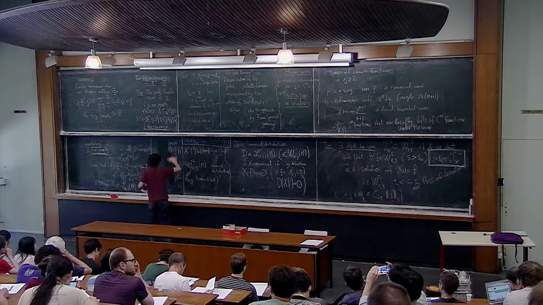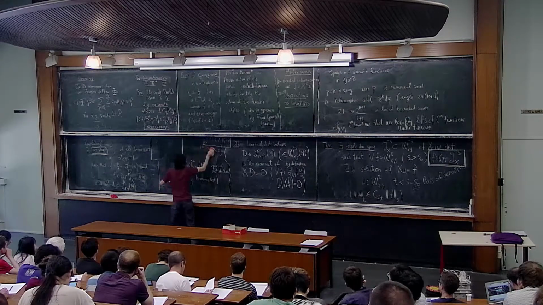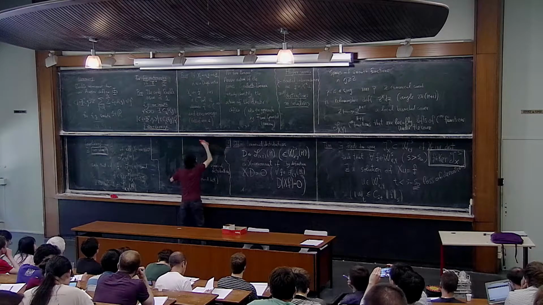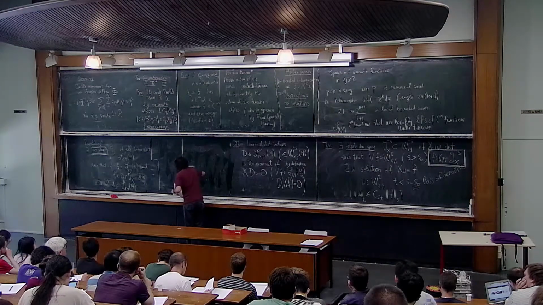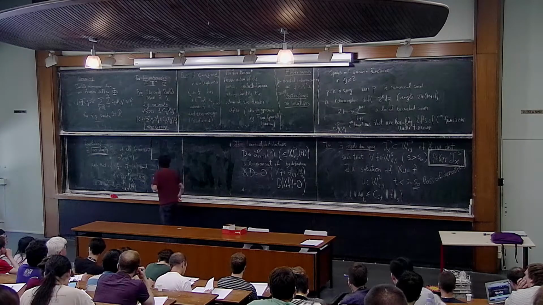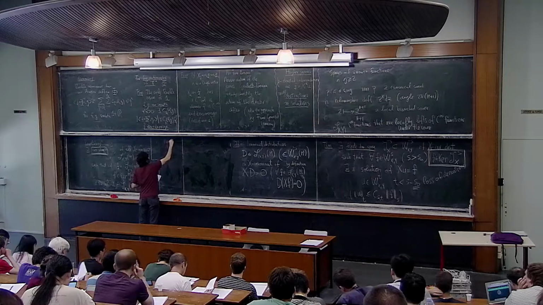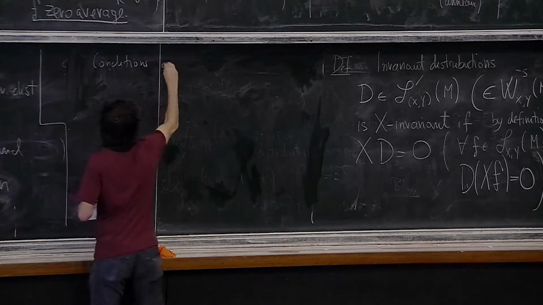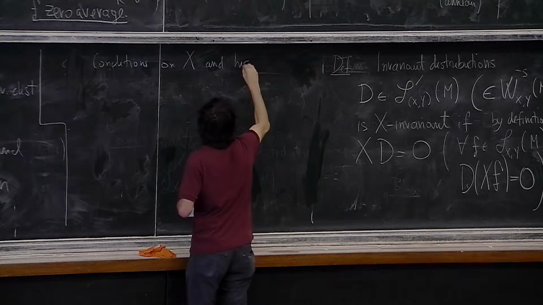At this point, I haven't told you what the conditions on X are. So in some sense, this theorem misses some important information. So conditions and remarks, and if you want, historical remarks.